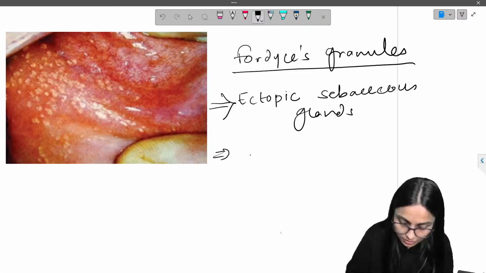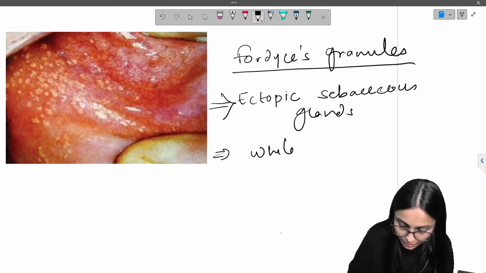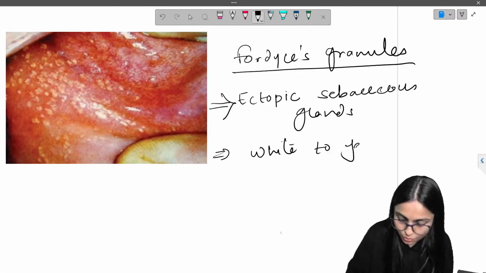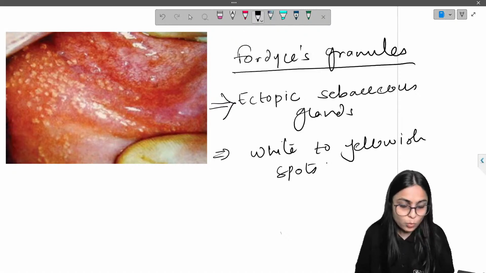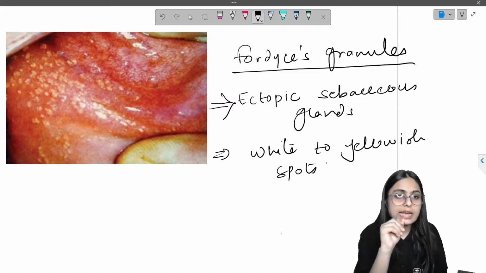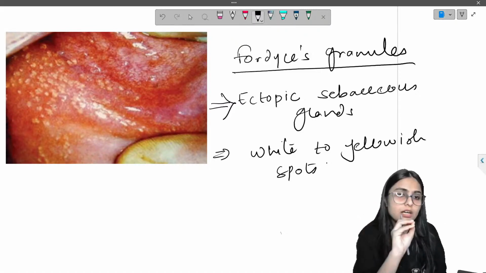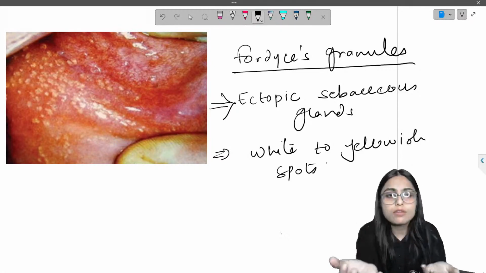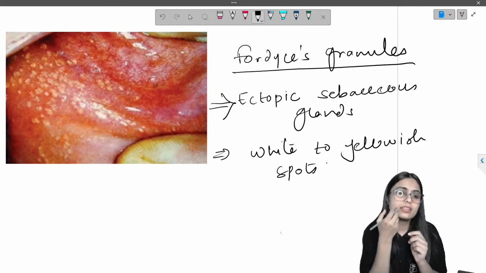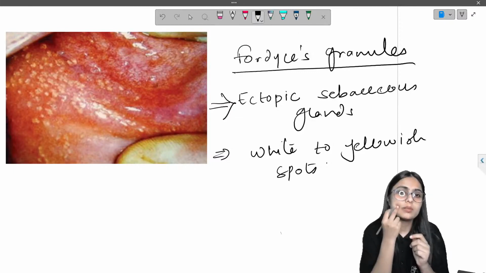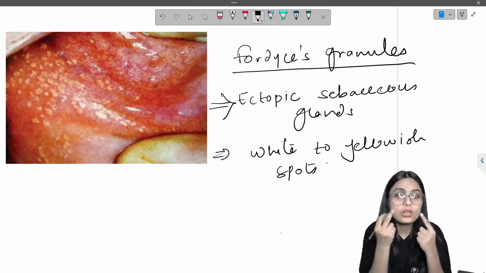These are white to yellowish spots, right? The patient will not be aware of it sometimes, and some patients are aware of it, so they tell you, these are some abnormal color change or spot seen in my buccal mucosa or cheek.